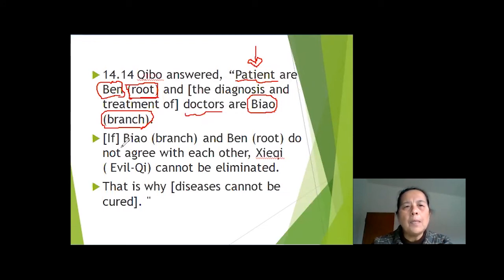So they are talking about what happens if the branch and the root do not agree with each other. What does not agreeing mean? Like a patient coming for insomnia, who always sleeps at 2 a.m. and gets up at 2 p.m. That's certainly against yin and yang.